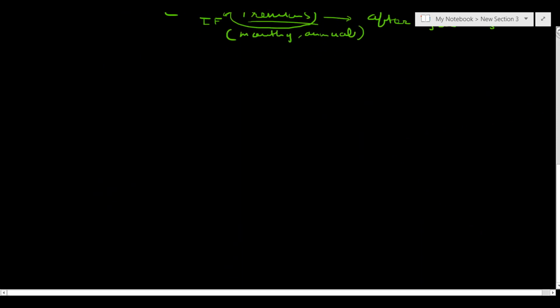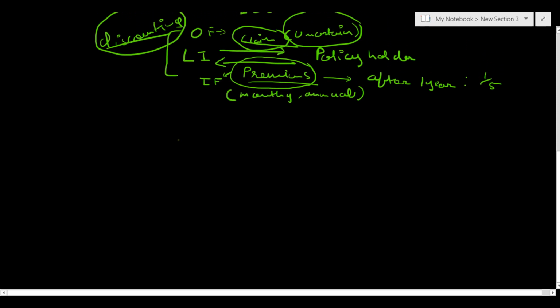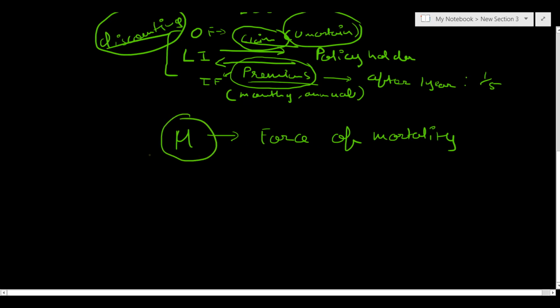Force of mortality is similar to subject CD1's force of interest. It is denoted by mu. We'll be discussing this in detail. This is a CD4 thing, but again, studying CD4 is not necessary.